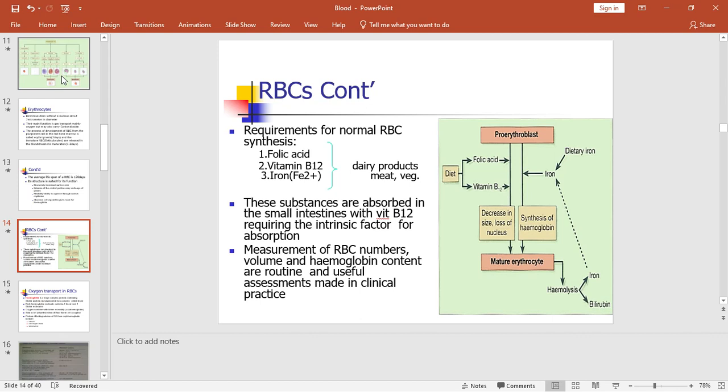All these are absorbed in the GI tract. In particular, to absorb vitamin B12 you need intrinsic factor, which is produced in the stomach.